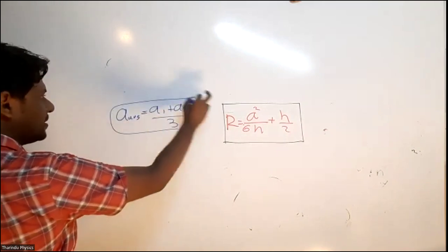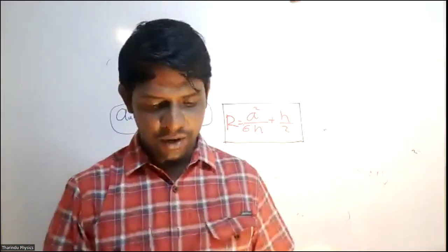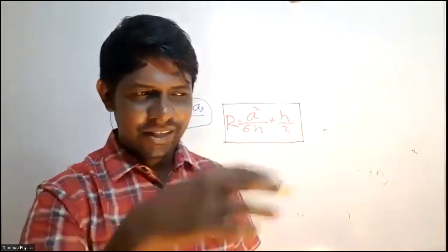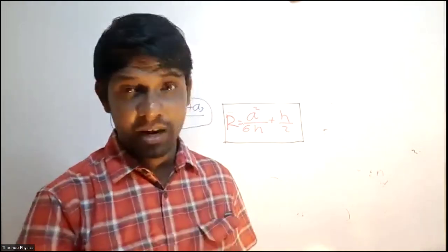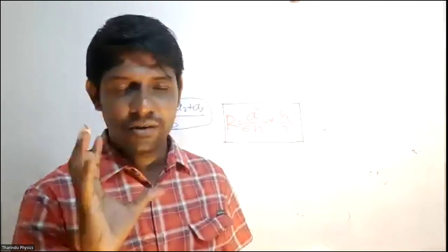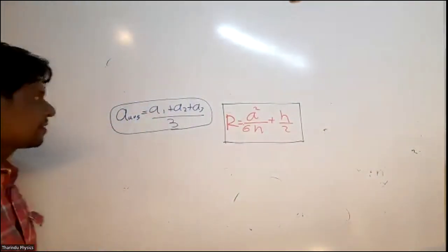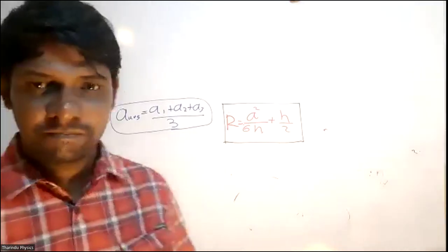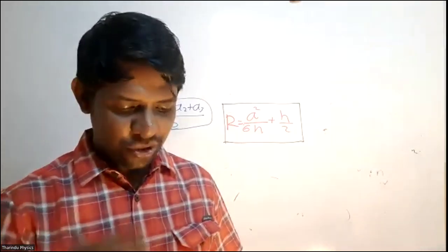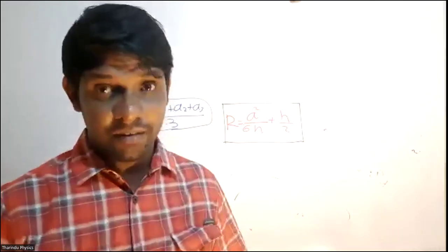This is one of the methods of removing errors. You have to take the average. I told you during the lesson, I will take the rest of the error calculation. One of the methods of removal of error is taking the average. When you take the average, the errors will get minimized. To make the result more reliable, you have to go for the average method.